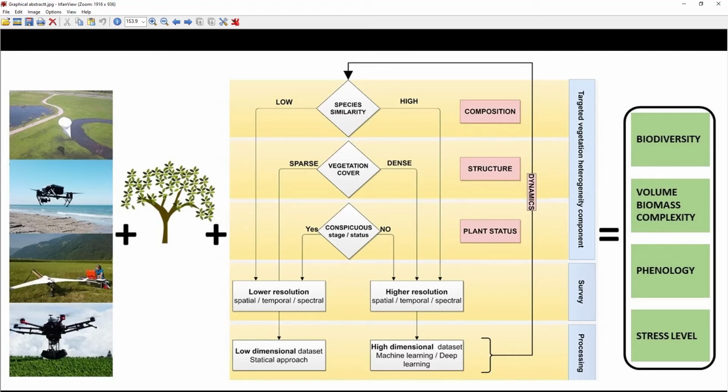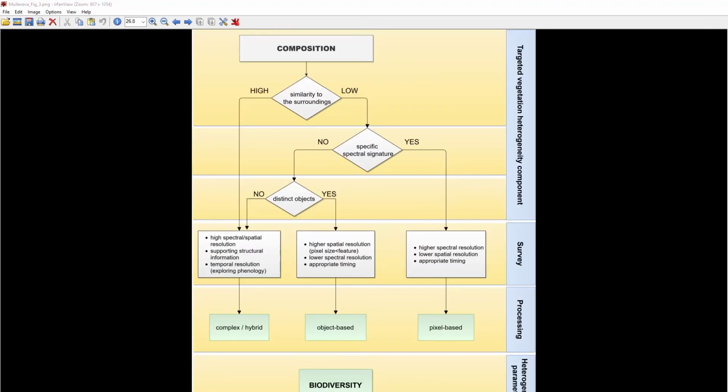So for us, going to the details for the plant composition, the species can show low or high similarity to the surroundings. For the composition, we usually target mapping biodiversity, mapping species distribution or habitat types distribution, or plant vegetation types.